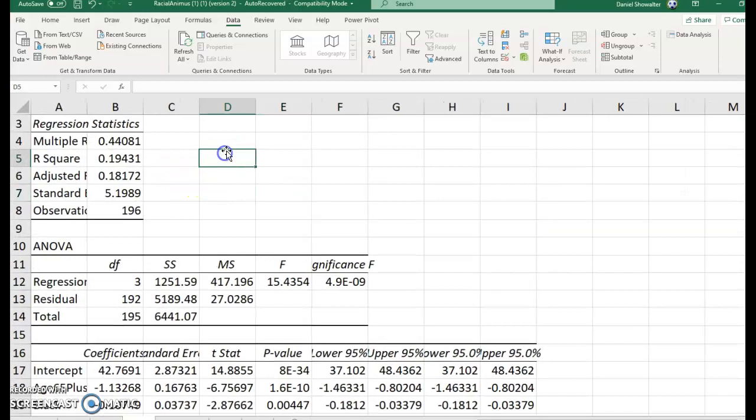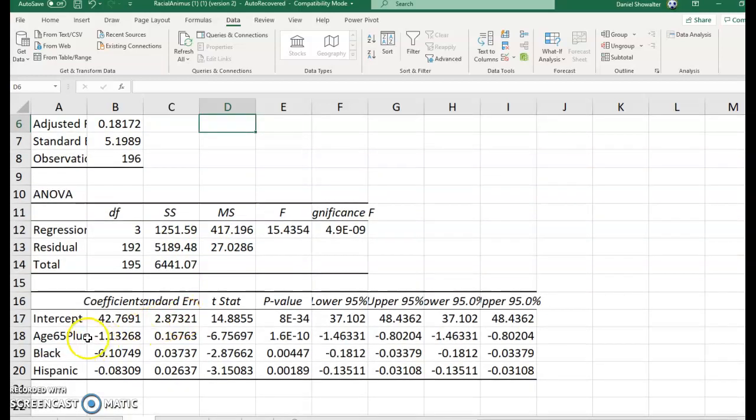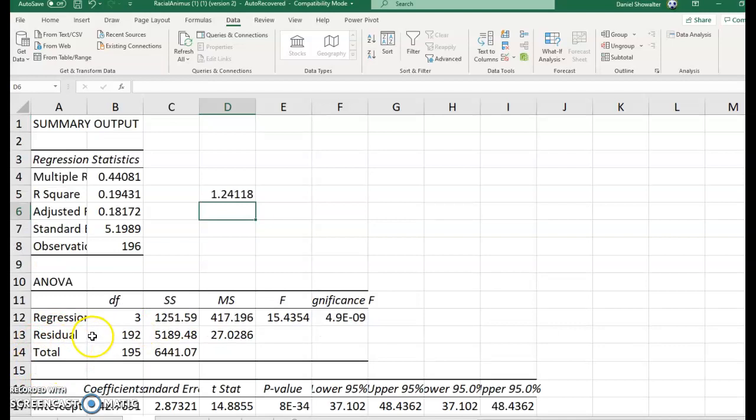We're doing equals 1 divided by 1 minus this r squared right here. That gives us a variance inflation factor of 1.24. Notice that Bachelor Plus is no longer in the model because it's the outcome.